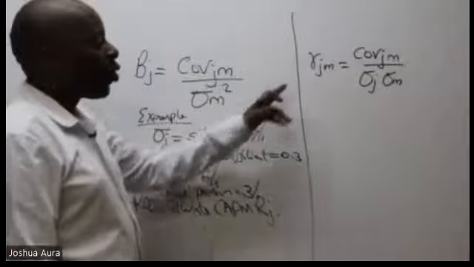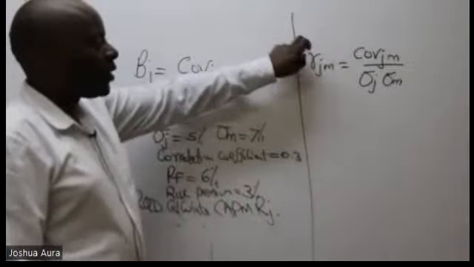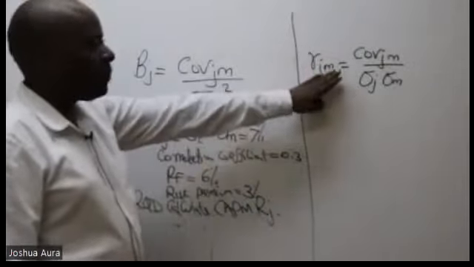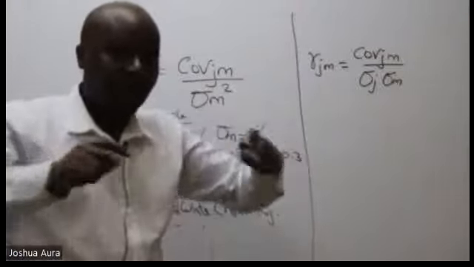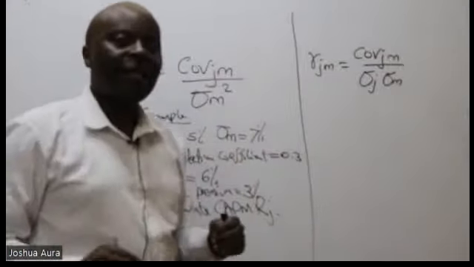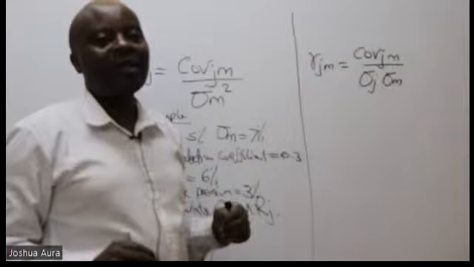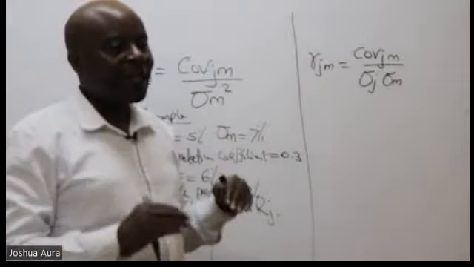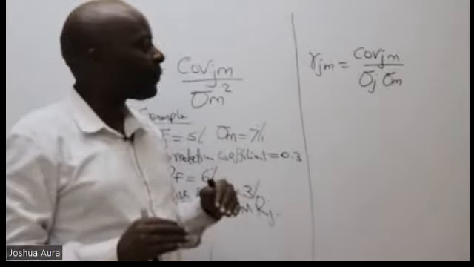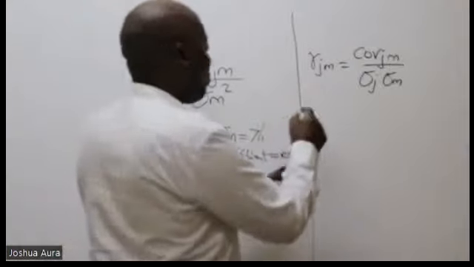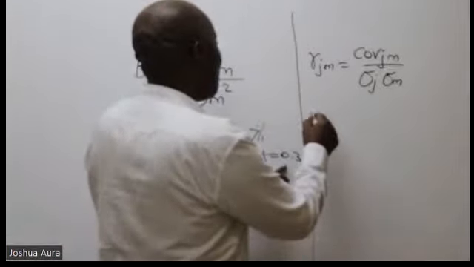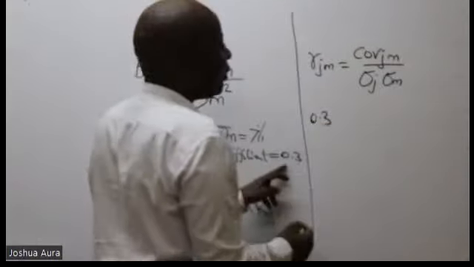So please write this in full. This is the correlation between J and M. You take the covariance between the two, and then you divide by their standard deviations multiplied. So the correlation has been provided here as 0.3.